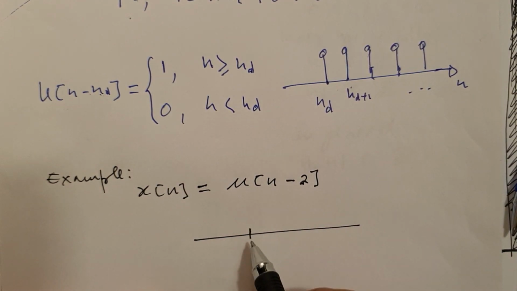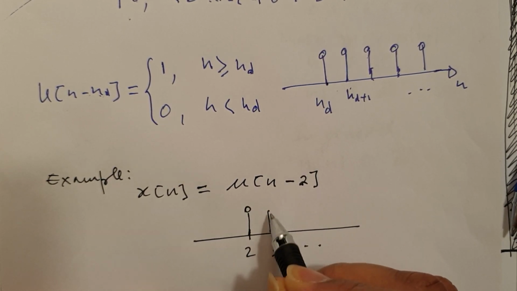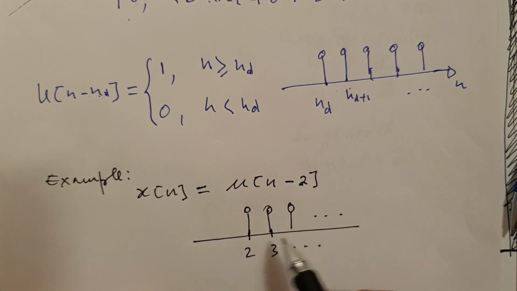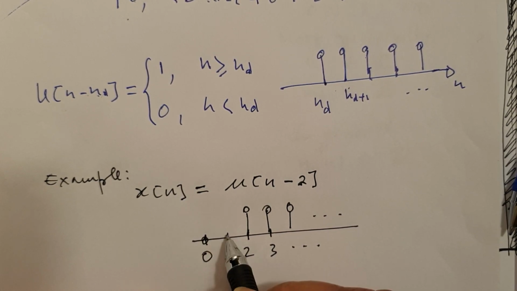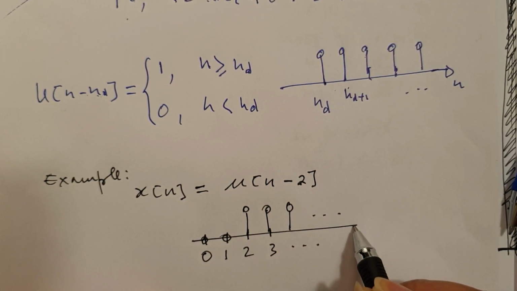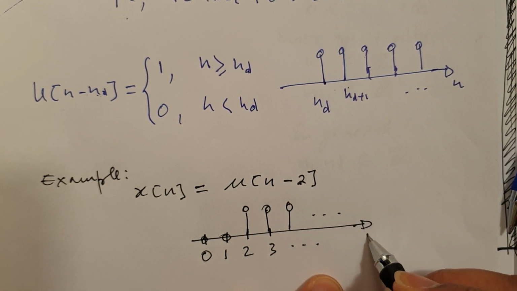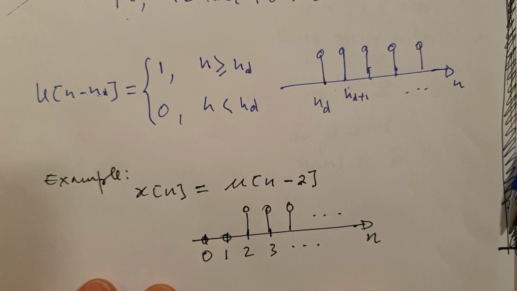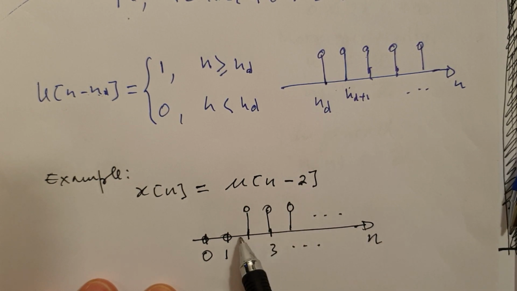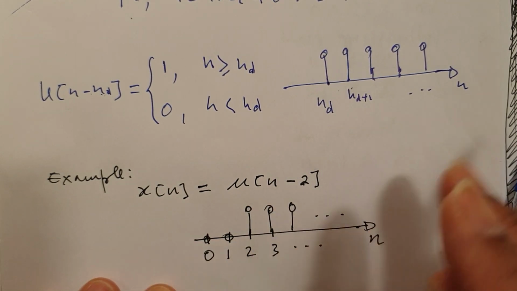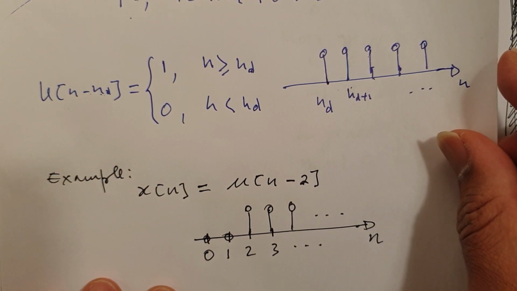So it will start at 2 and move to the right with values equal to 1, okay, and 0 elsewhere. So this is our delayed unit step. Okay, so if this value here is negative, then it means that we are displacing to the left. That you can try. So those are examples of basic signals that we need to know about.